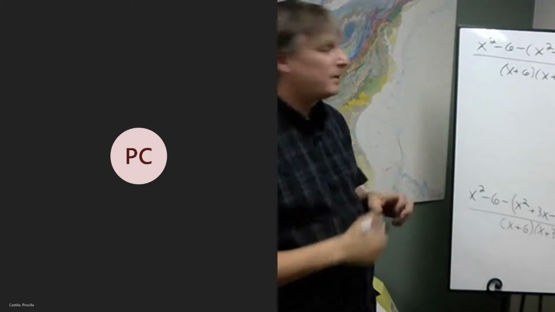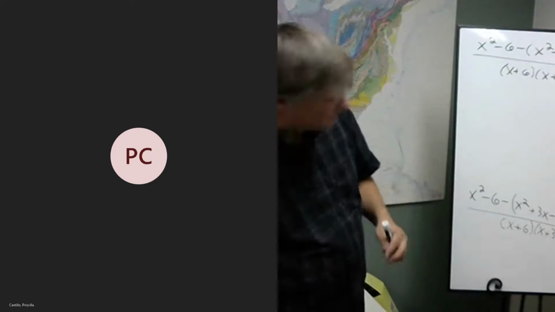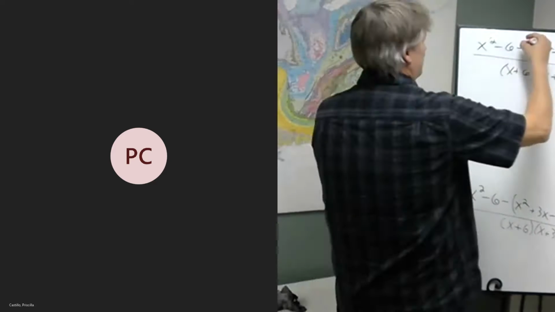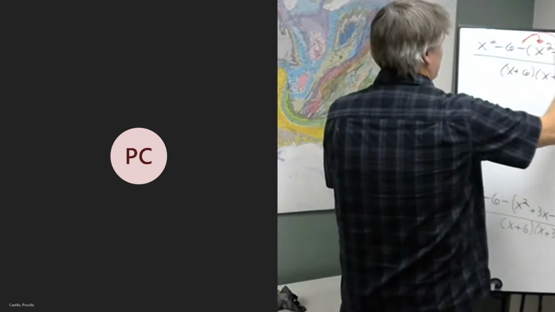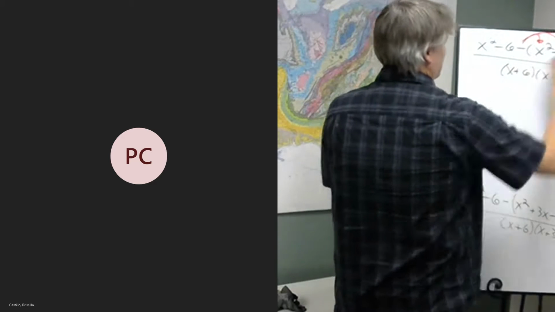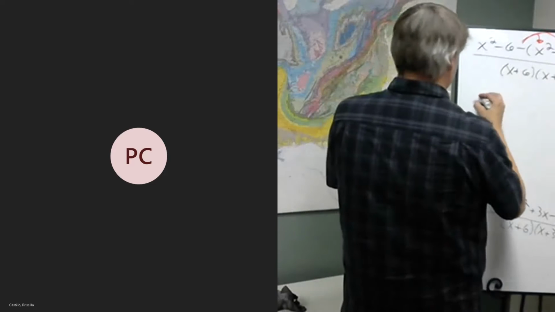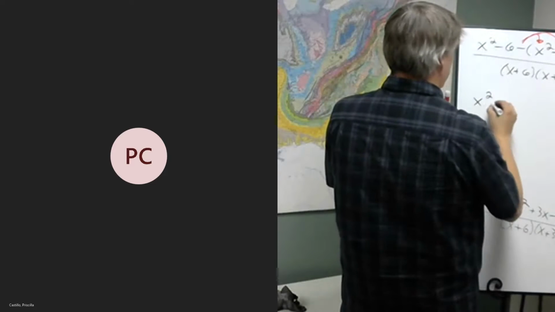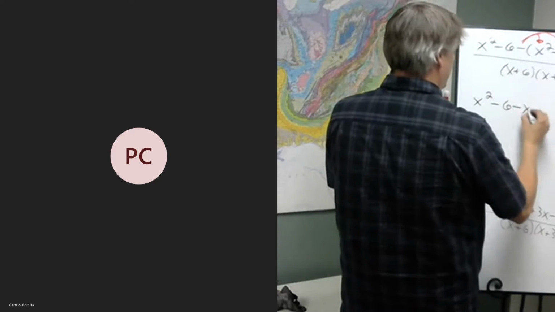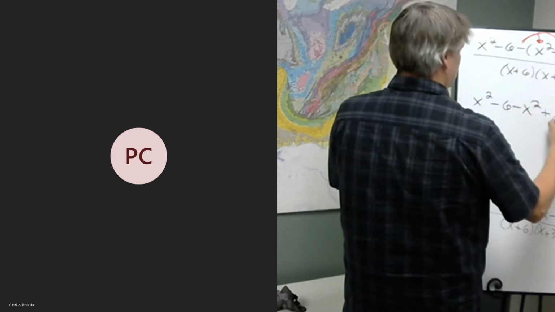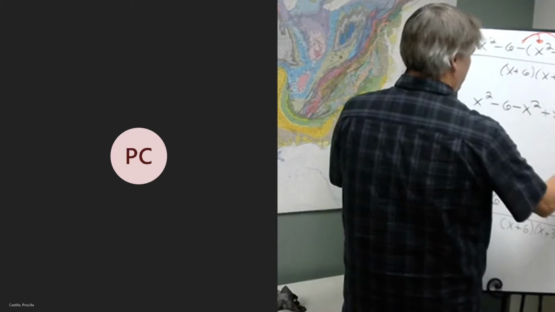Now I'm going to distribute the minus sign. So when you do that, look at x squared minus 6 minus x squared plus x plus 12.